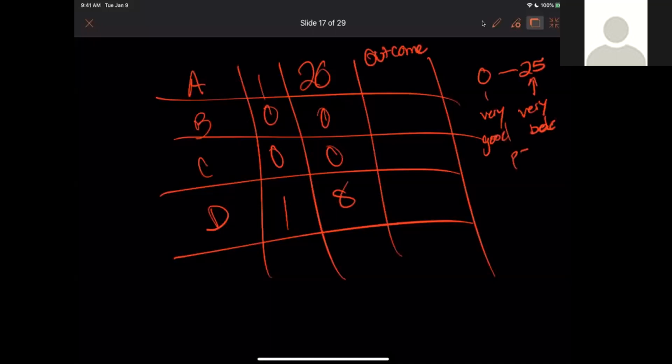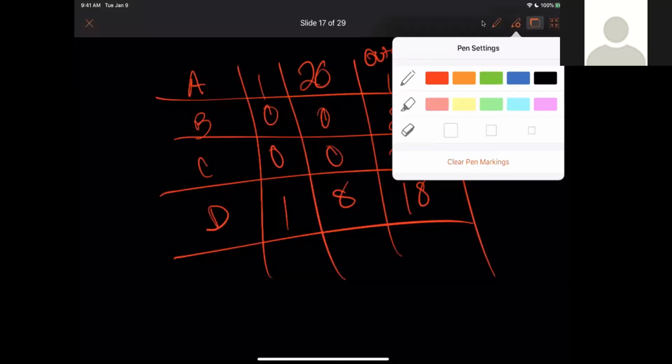This person at the outcome measure might have a 12, and this person might have an 18. This person, even though they didn't participate, we're using as a comparison, so we might have a 22 and a 24 here. So we have some information there that we're interested in.